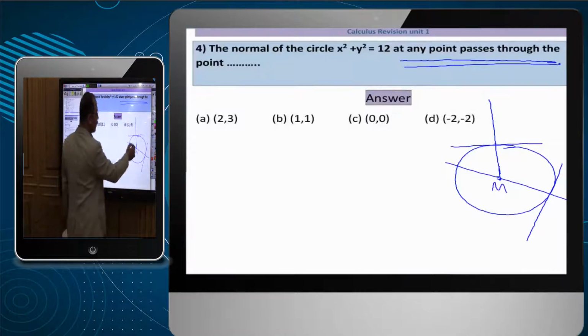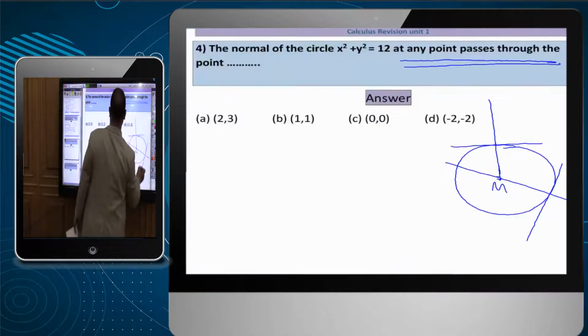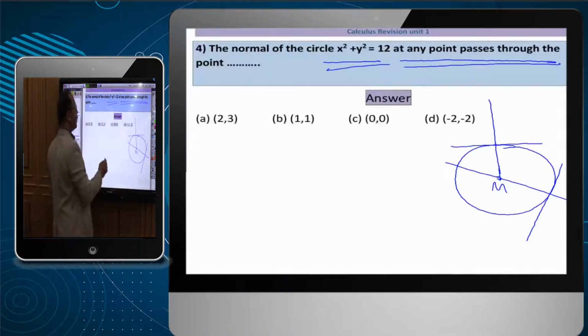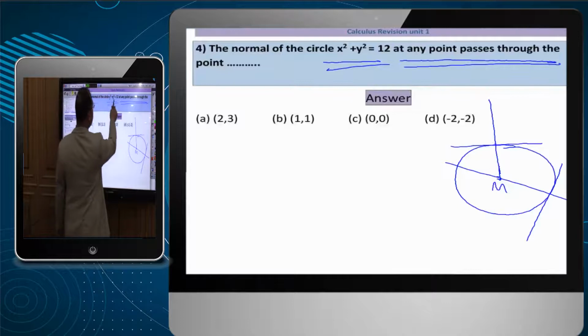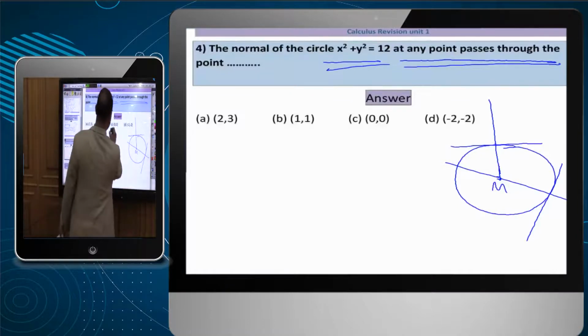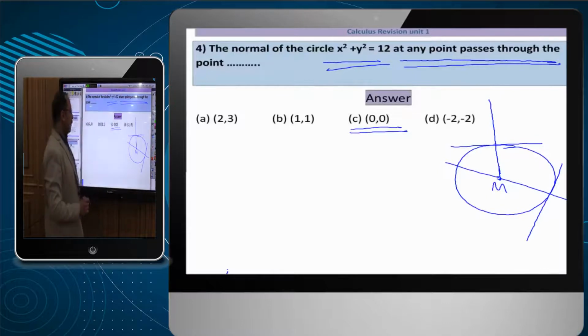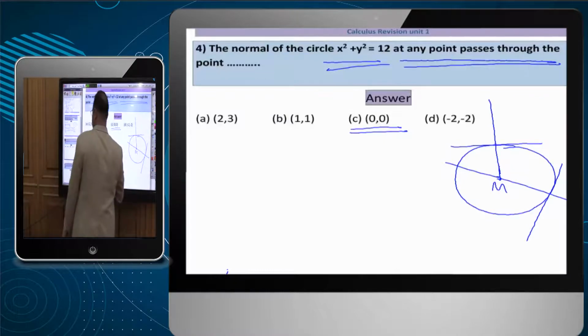Then the center of the circle is the needed point. Where is the center? This is an equation of the circle whose center is 0 and 0. Then it is important to take care about the cumulative questions from the past grades. Next.